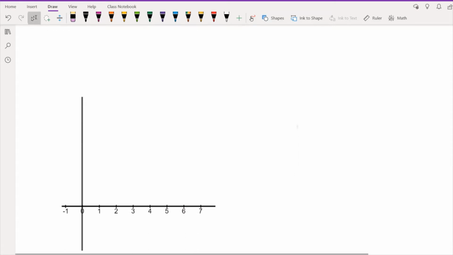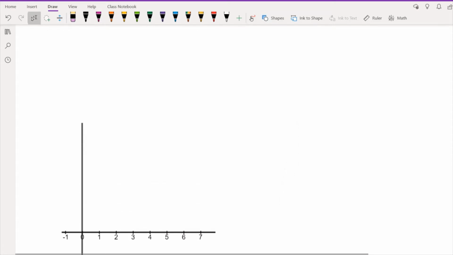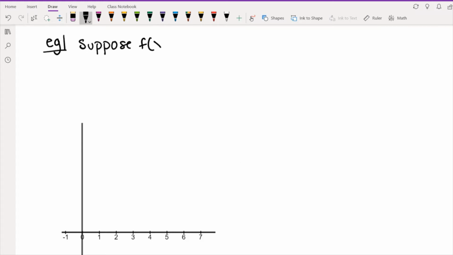Okay, so I want to start with an example. Suppose that you have a constant function. So f of x is a constant function, meaning it's just a horizontal line. But let's say that for whatever reason, we don't actually know what height that horizontal line is at.